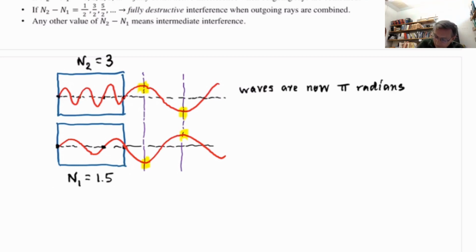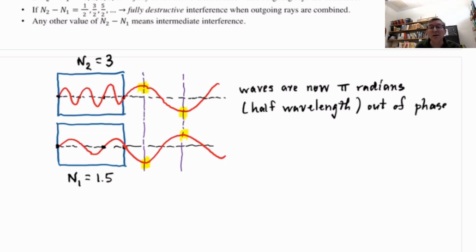Pi radians, or a half wavelength. Out of phase.